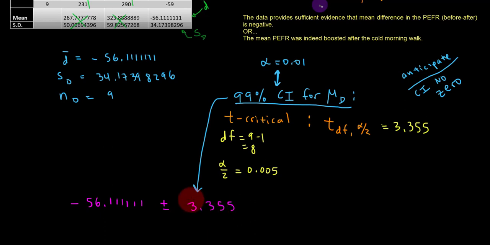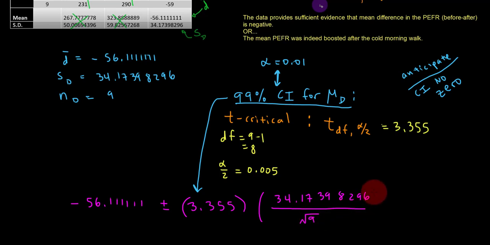When I type that into R, I might be a little more precise. Our standard deviation 34.17398296 over the square root of our sample size, which is 9. Square root of 9. I probably could have just written that out.